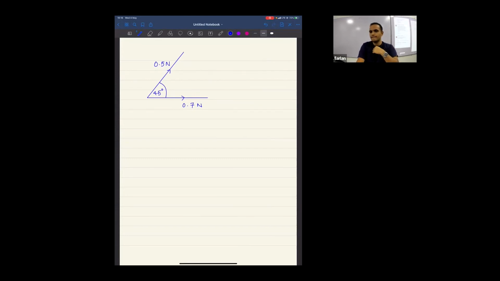So what is a good scale here? 0.1 equals 1 centimeter. We'll take 0.1 newtons equals 1 centimeter. Give a try.